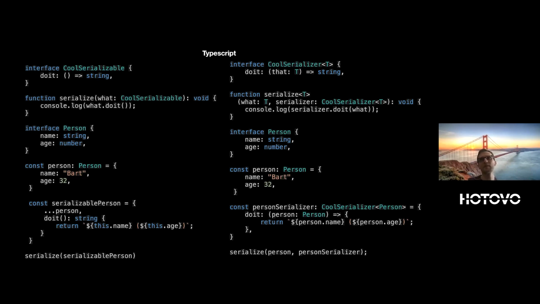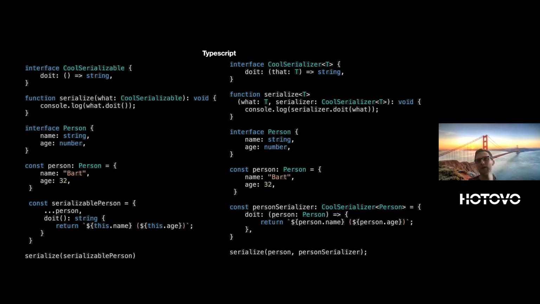Now, for the second example, we have the interface that takes in the type T, returns a string. Again, we have this polymorphic function. Now I have the interface again, person, an instance of a person, and how I can implement that interface. So I would just create a new type here, and I would just assign the object of this new type to this type.